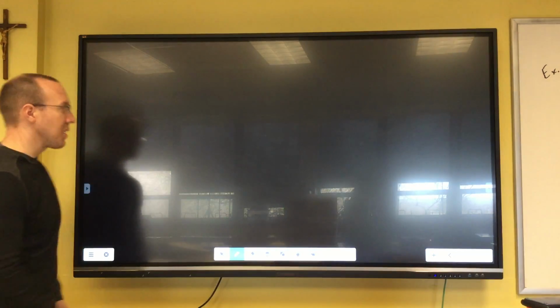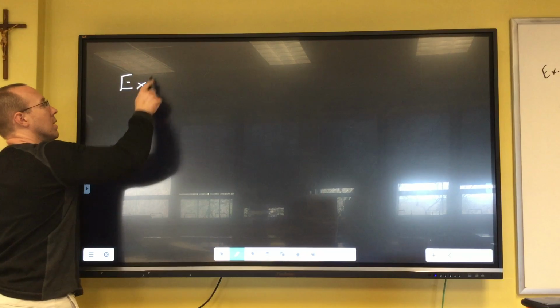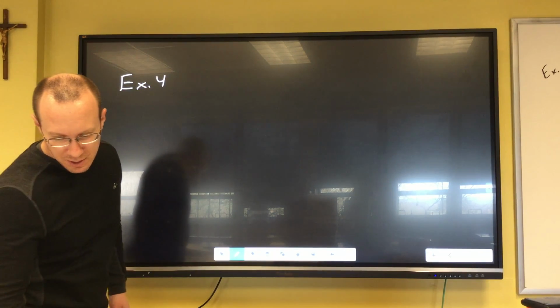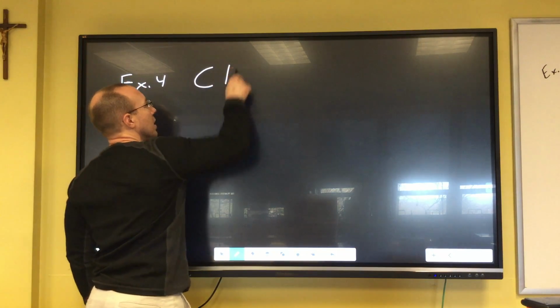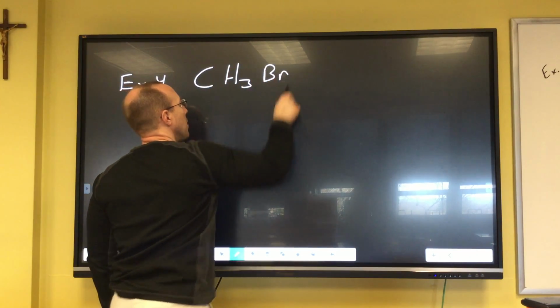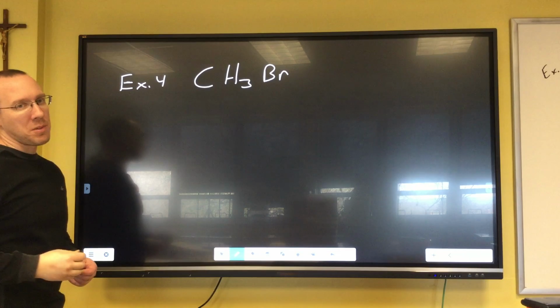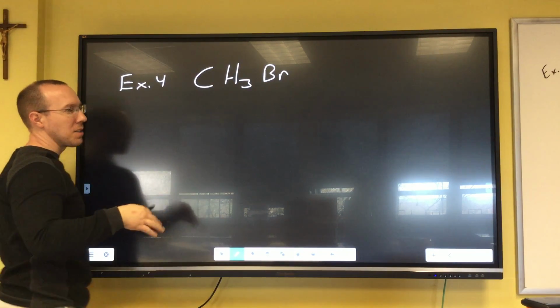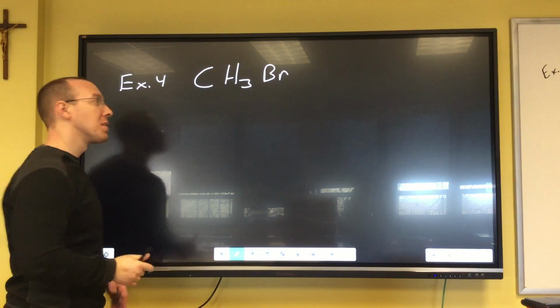And then one last example. This one's a little bit different. CH3Br. It's hard to get a lot of examples for covalent, all right? So you're going to notice that there's different ones, but they're very similar.